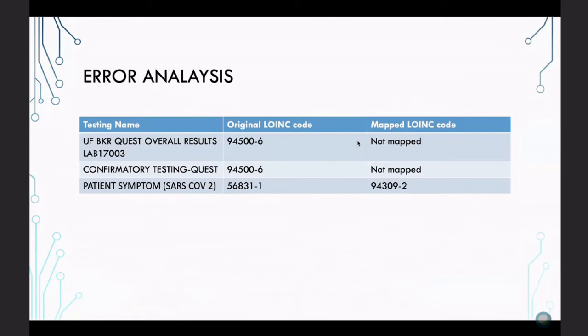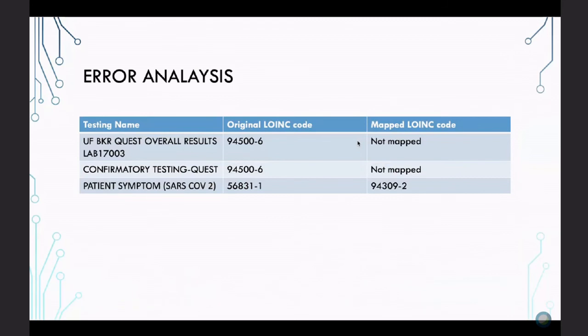The keywords can be COVID-19 or SARS-CoV-2 or COVID-19 related or SARS related. But we can see that both of the missed mappings lacked the keywords, so our system didn't map them to any LOINC code.